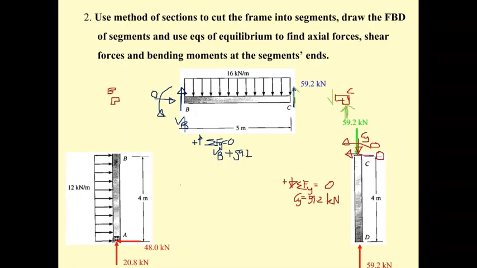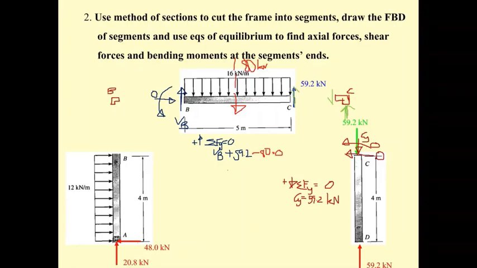59.2. And then if you remember the resultant force of this uniformly distributed load, what is the value of this? The value of this is going to be 16 times 5. So the value of this is going to be 80 kilonewton. And this is downward, so minus 80, and then equal to 0.